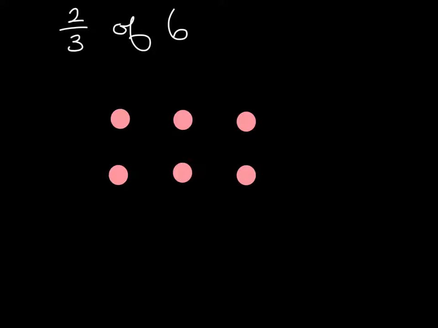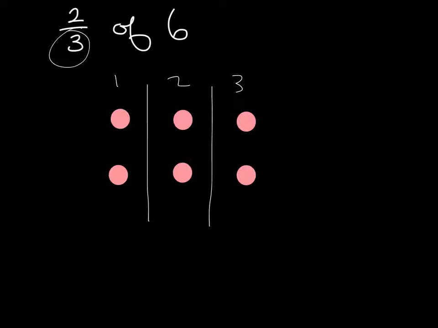Let's take a look at 2/3 of 6 this time. I am still going to draw 2 lines to divide my set of 6 into 3 equal groups. So my denominator is 3, and I have 1, 2, 3 equal groups. And as you can see, we still have 2 in each group.